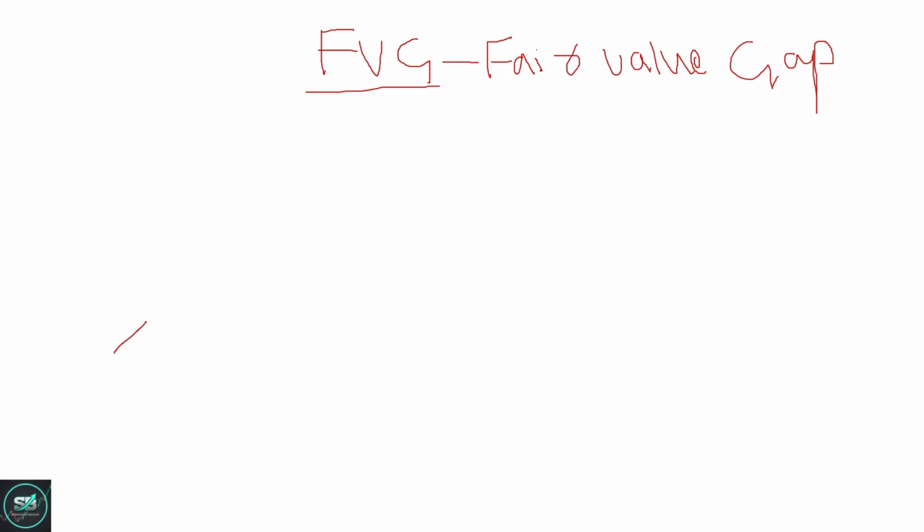Suppose the market is going in an uptrend and suddenly there will be three candles here. The basic concept of fair value gaps is you have to consider three candles: candle 1, candle 2 and candle 3.